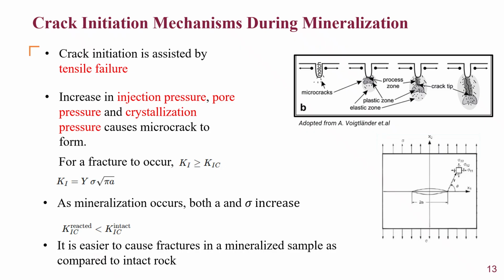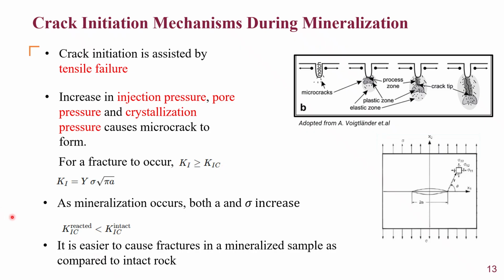Now, how does this microcrack propagate or even go forward? For a main fracture to occur, your fracture initiation should be higher than your K1C, that's your fracture intensity. So your K1C is the ability of your rock or formation to resist or to propagate fractures.